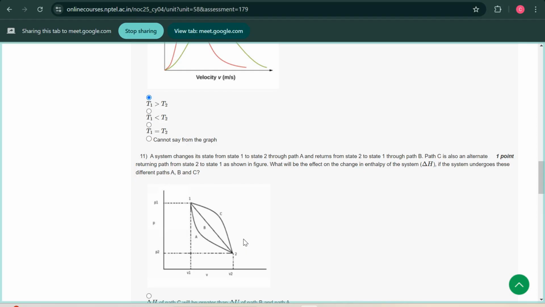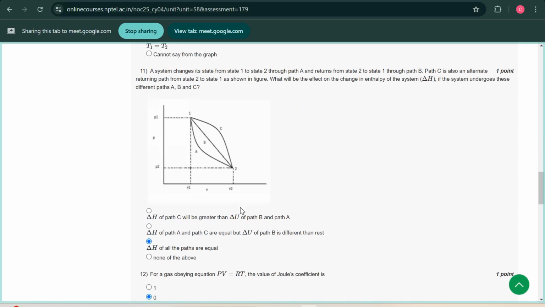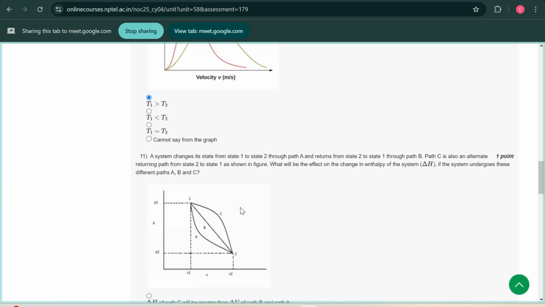A property which depends on the initial and final states alone. That is a state function. A path function depends on the path taken; it will be different for a reversible path or an irreversible path. So enthalpy is a state function.